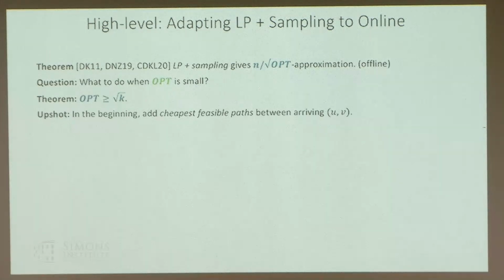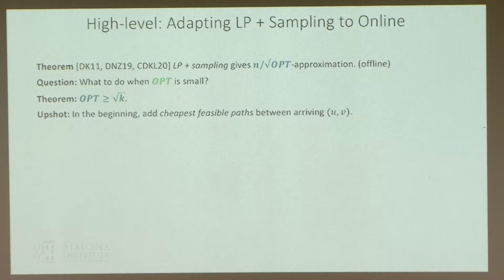So the first observation we make is that opt is not that small, it's at least square root of k, which leads us to the following observation. You can start adding shortest paths, essentially. As pairs appear, you shouldn't worry that you might be adding too expensive things.